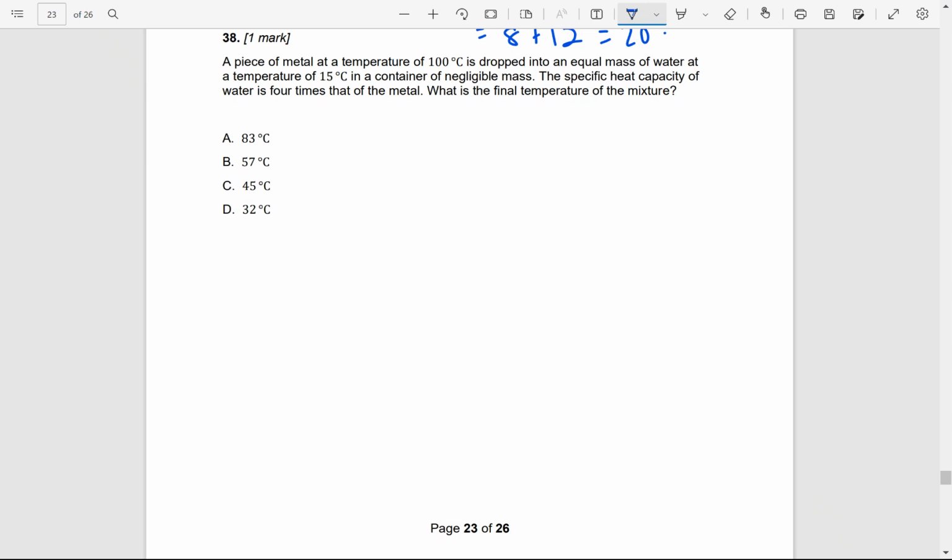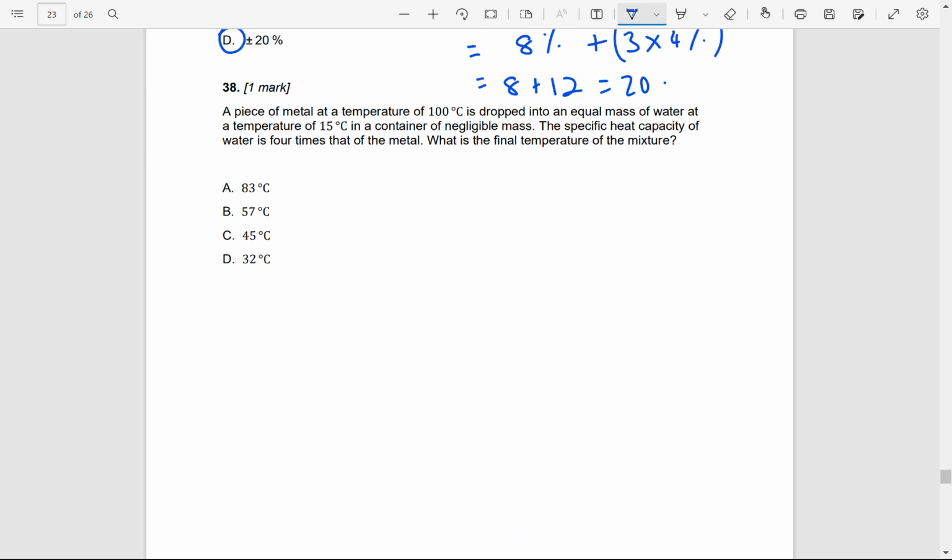Okay, question 38. Specific heat capacity. Okay, right, we have a piece of metal. We've got two substances here. So we have a piece of metal, and that's dropped into some water in a container.